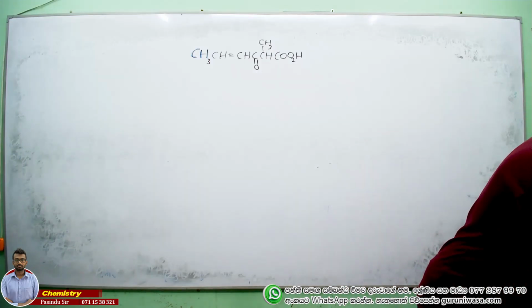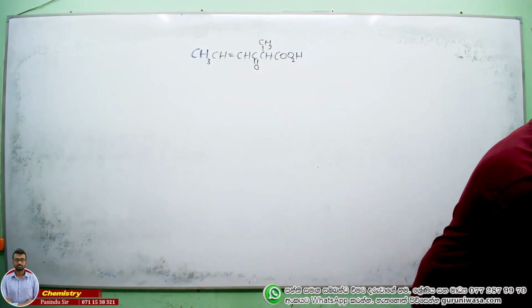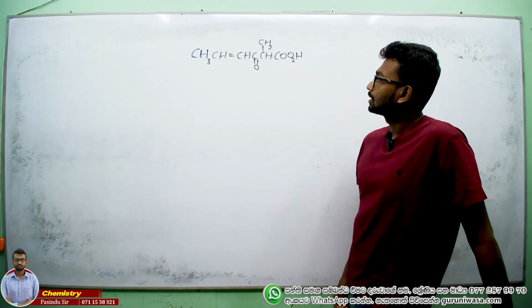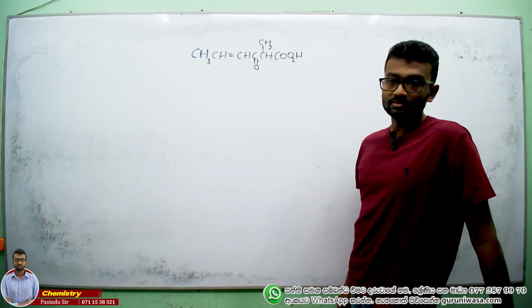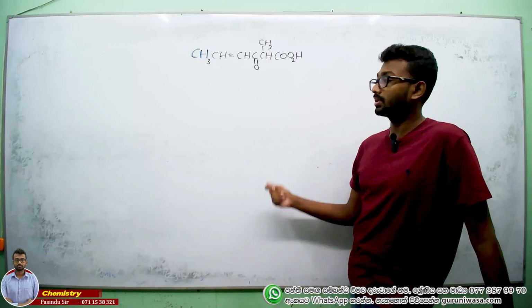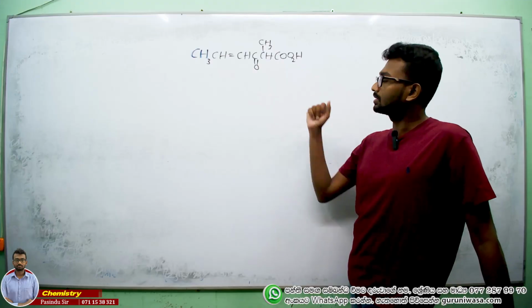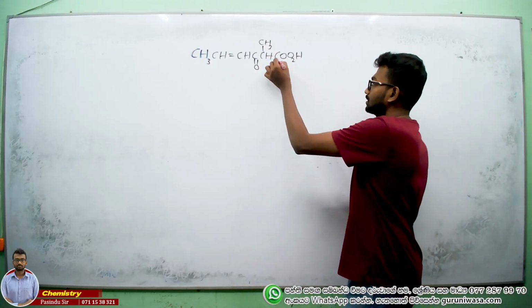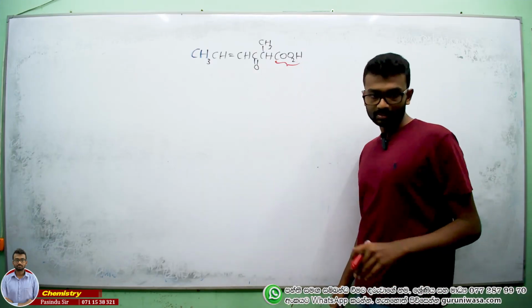Then we have to find the main group, the major group. Here it's a carboxylic group. If carboxylic is present, that's the main group.